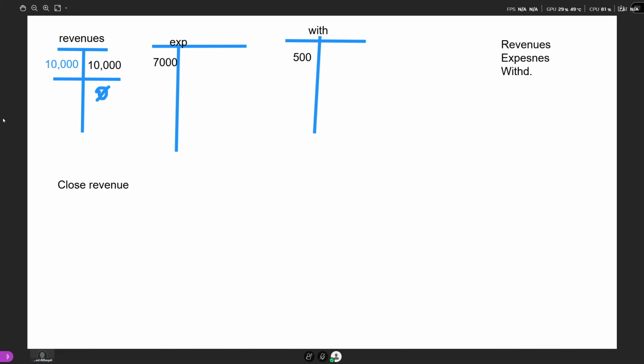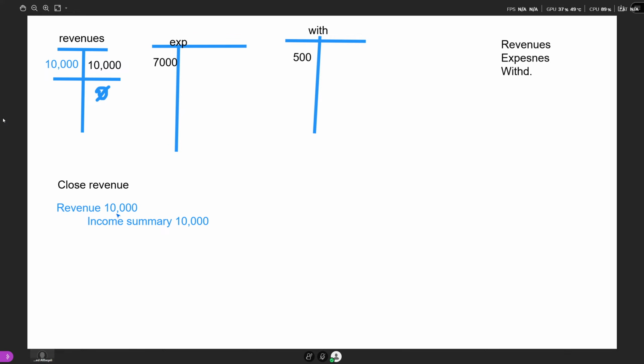So to close revenue, I'm going to debit revenue 10,000, and I'm going to credit income summary. I need to debit revenue to close it, right? So this is what I did. I debited revenue 10,000 to close it.